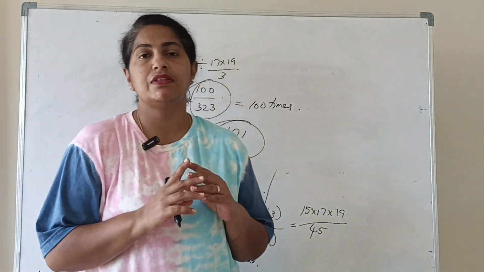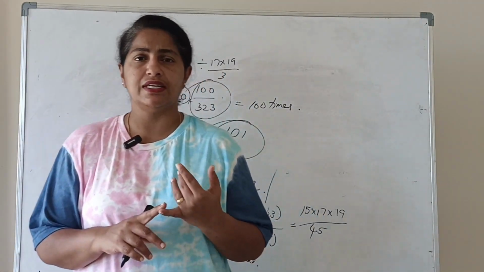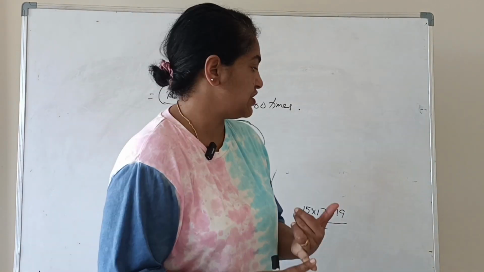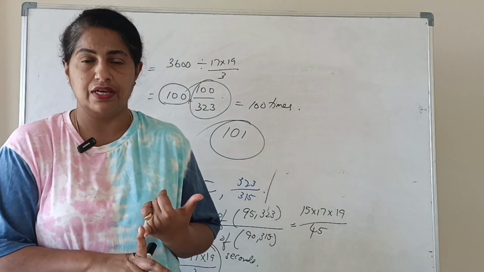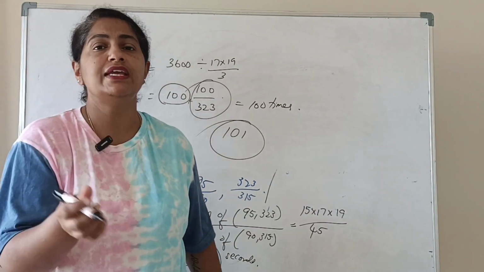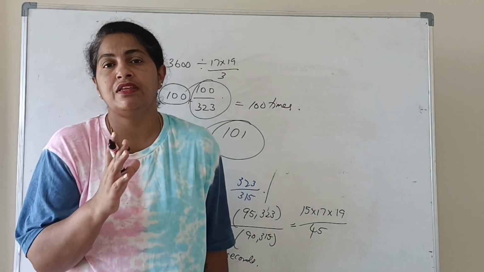The only problem with this particular sum was that the time was given in fractions. We needed to find the LCM and HCF of fractions. I gave you the formula for that. Now the second or the main problem was that initially the time was given in a very weird way.